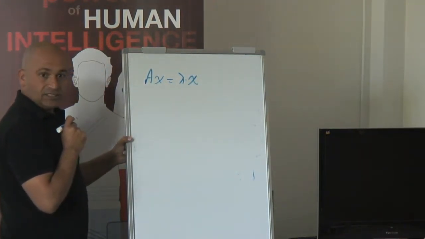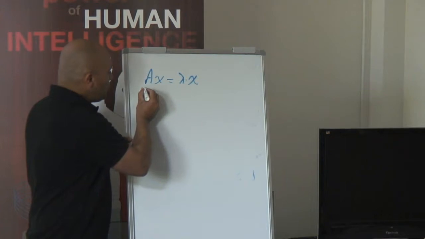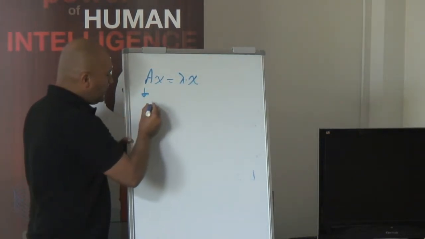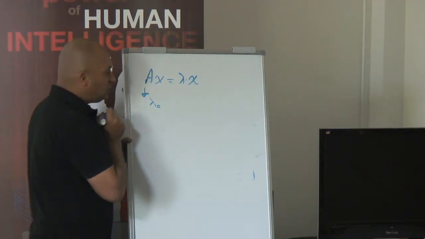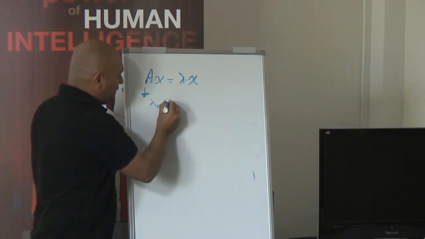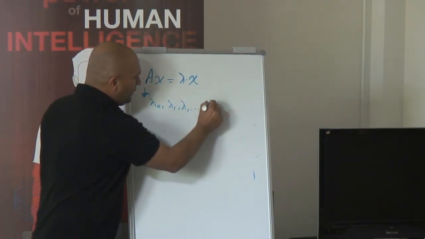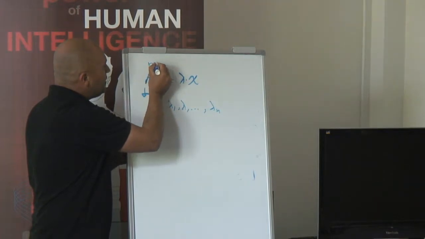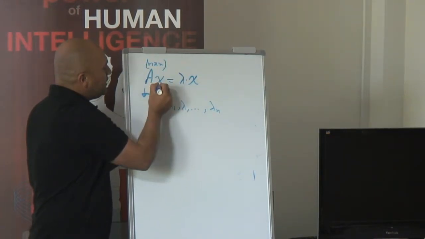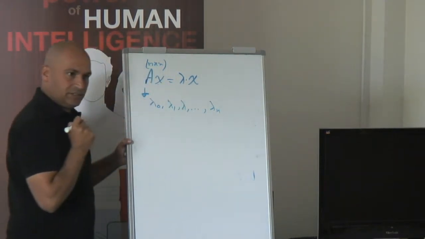So this is the equation we are thinking to solve. If we assume this is an n by n matrix, and this is a vector of size n, we get n scalars: lambda 0, lambda 1, up to lambda n.